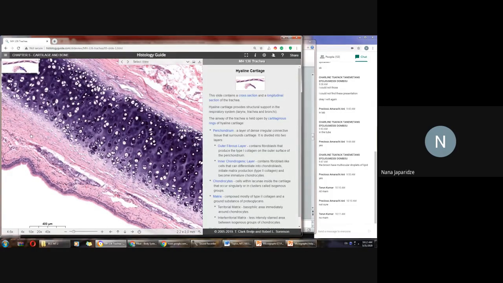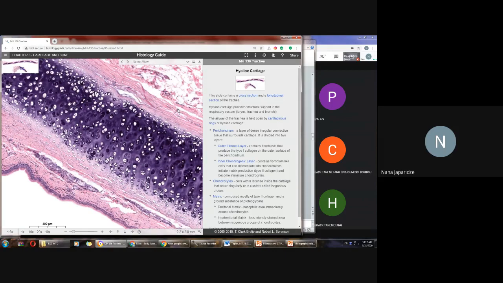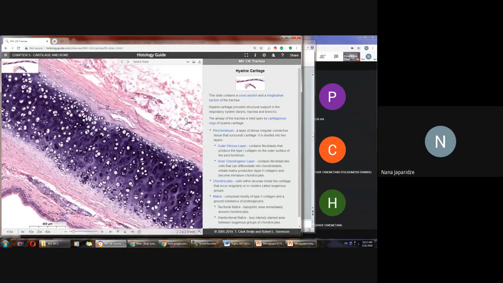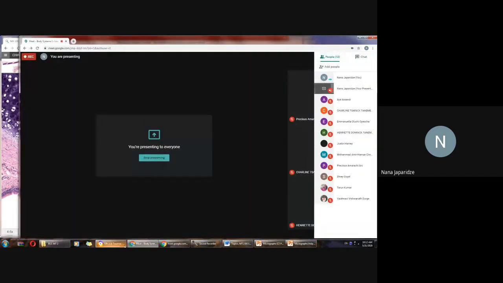You see the dense connective tissue. You see also here the epithelial lining of trachea. Here is, for example, also loose connective tissue. Look, adipose tissue with a loose areolar connective tissue. How can you identify this loose areolar connective tissue?